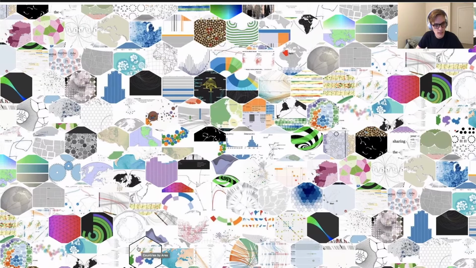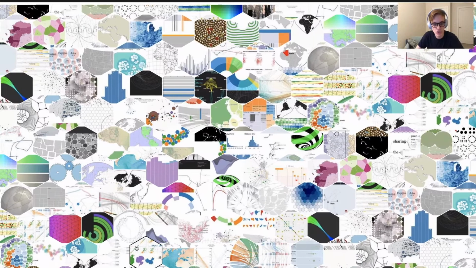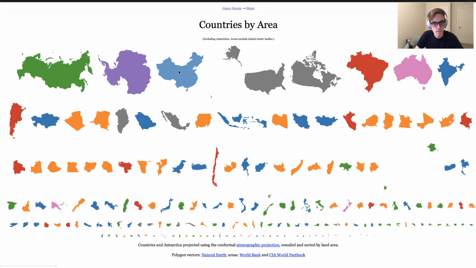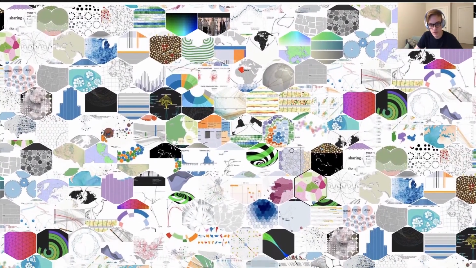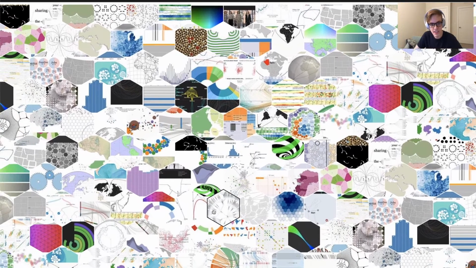So for example, let's take countries by area. You take countries by area, highlight, see that everything is split up into its own vector graphic. See, these are all derived from paths. We could also take a step back and take another one.